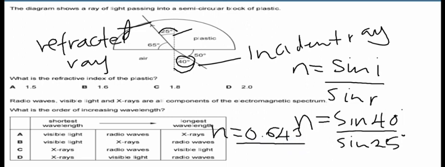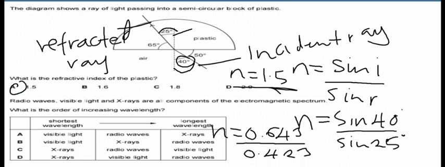Sine 25 gives me 0.423. Then when I divide 0.643 by 0.423, I get the refractive index as 1.5. Meaning the answer for this question is going to be A, which is this one.